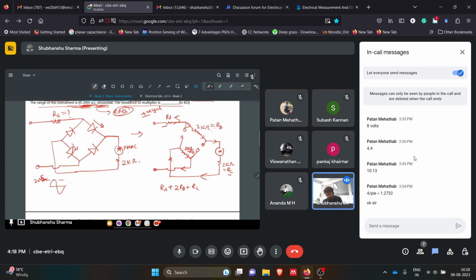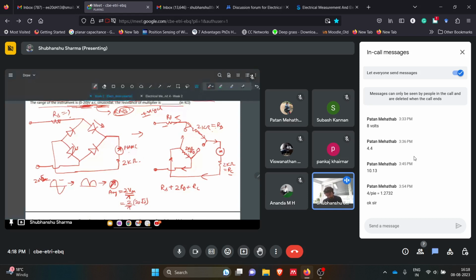We have inputted this, so it will be full wave rectified like this, and the PMMC instrument will calculate the average of this signal. The average is 2 Vm by pi, where Vm is 20 root 2.